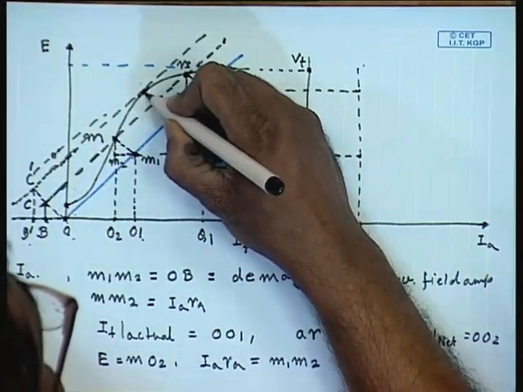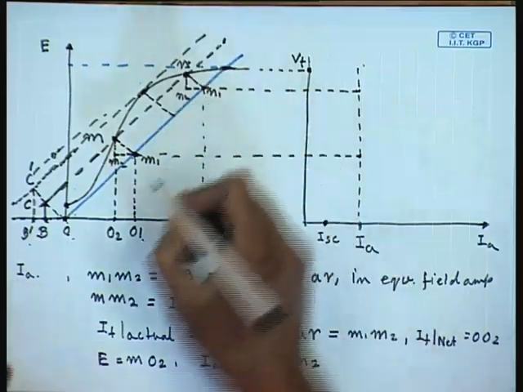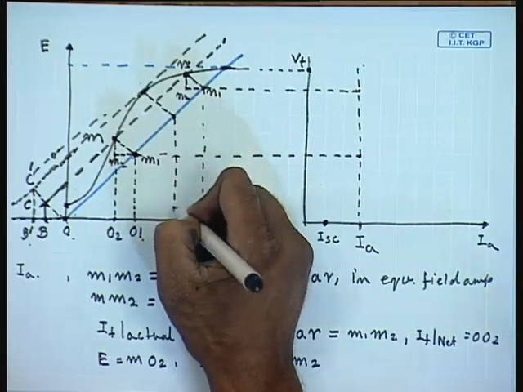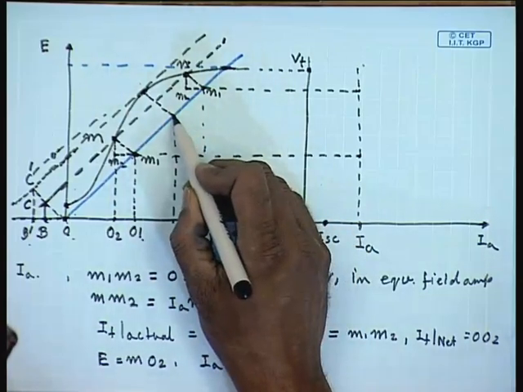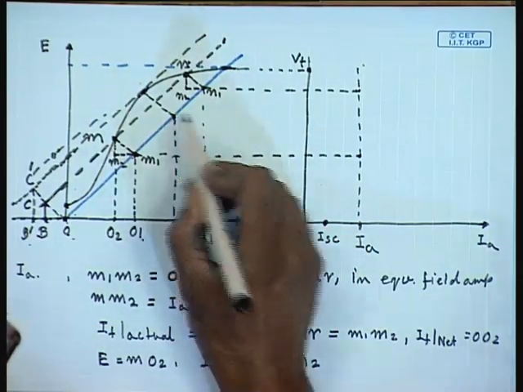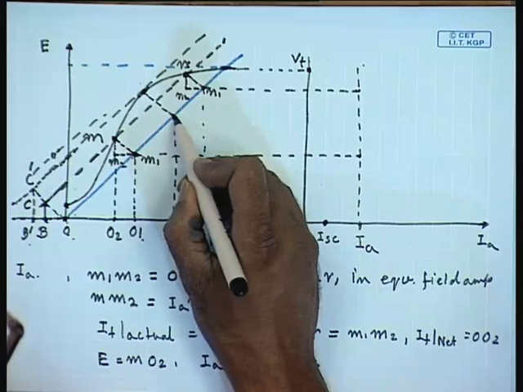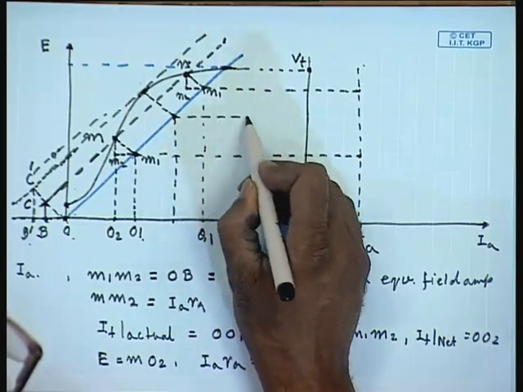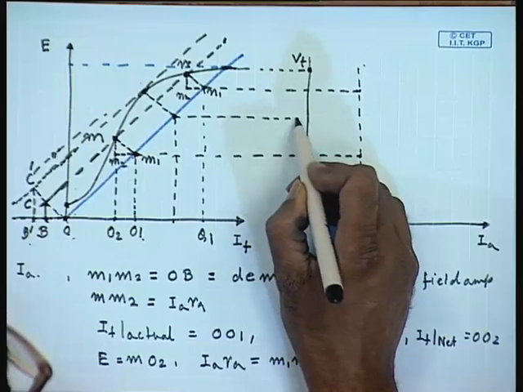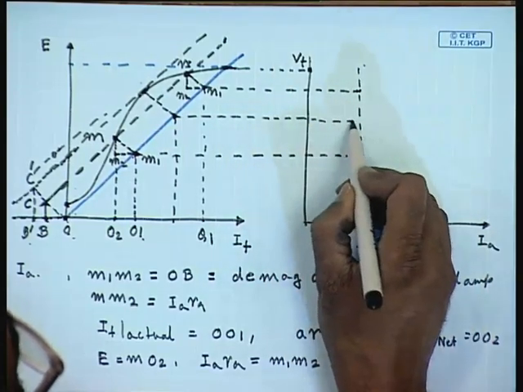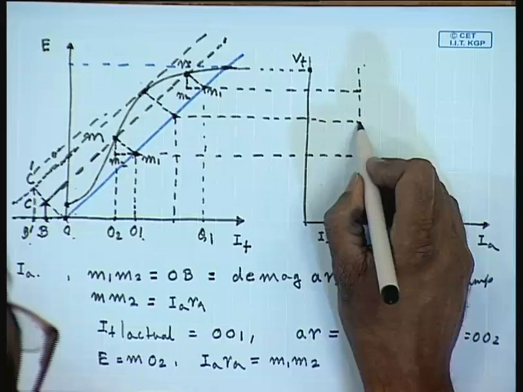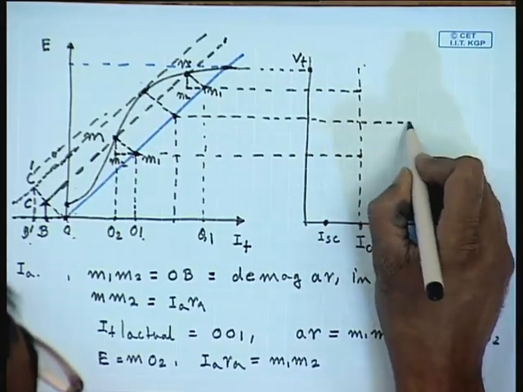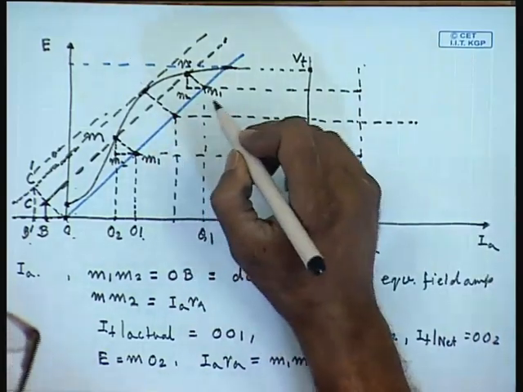from this point, and the point where it intersects with the field load line gives the value of the terminal voltage at maximum armature current.